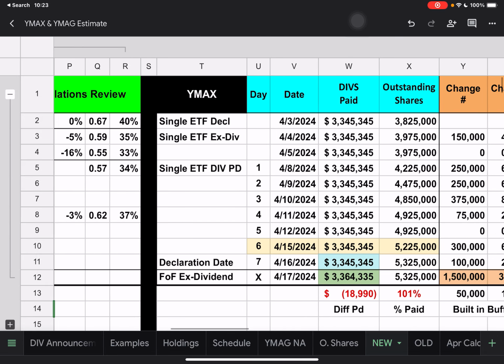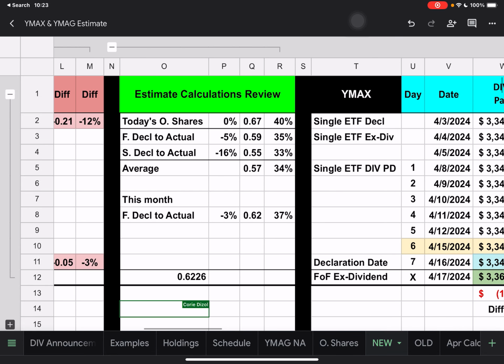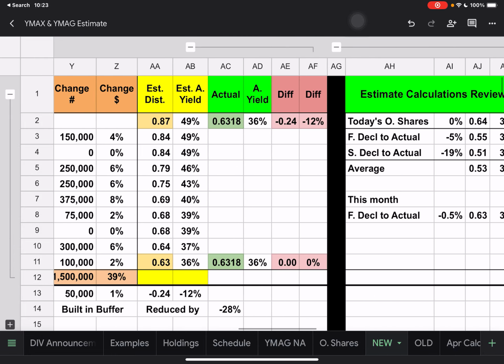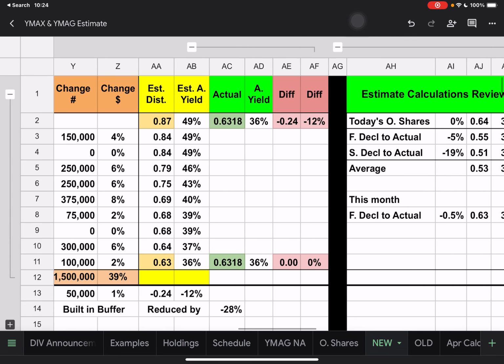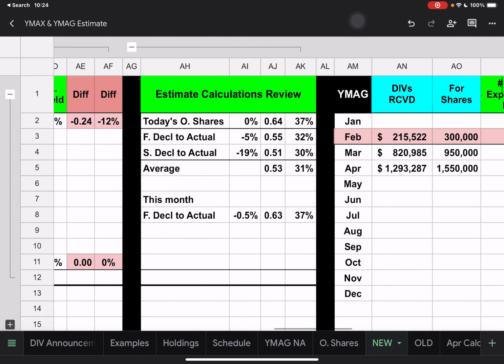So over here, if we were looking at YMAG, it was -3%, and then over here we're looking at 0.5%. So this is just sort of, again, seeing these updated with the percentages, and then sort of looking at some data down here on the bottom. And then, of course, looking at the fund's declaration to the actual, that percentage, their difference.